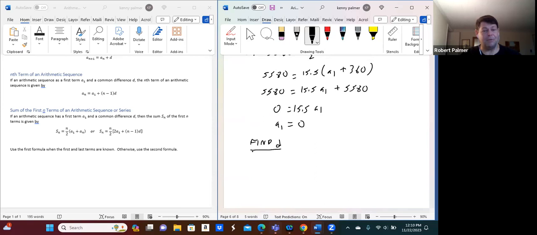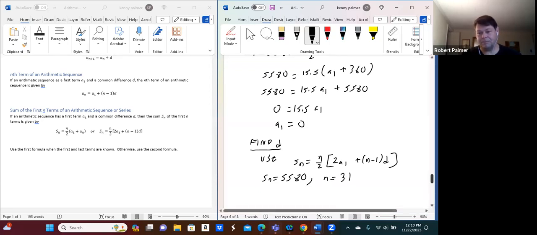How do we do that? Well, in this case, we need to use the other formula. So Sn is equal to n over 2 times (2a1 plus (n minus 1) times d). Once again, our Sn is 5,580 and our n is 31.